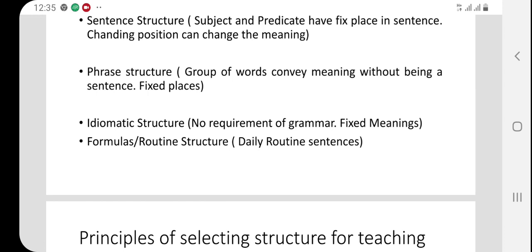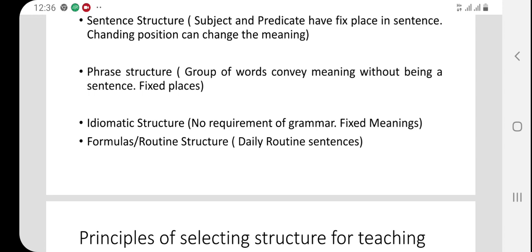Then we have idiomatic structure, the idioms that we study in our FSc, then BA, then MA, in all these classes, specifically till BA. In our English compulsory courses, there are idioms like blue blood, Aladdin's lamp, jack of all trades, a tongue in the cheek.